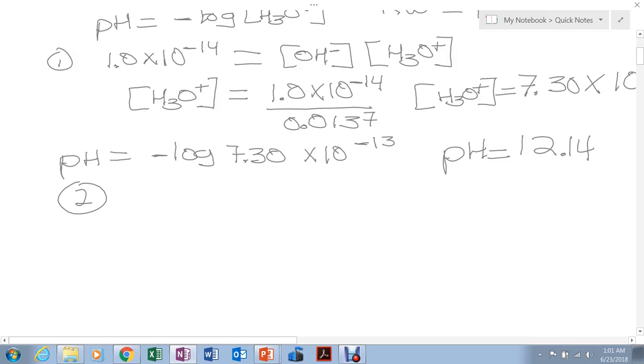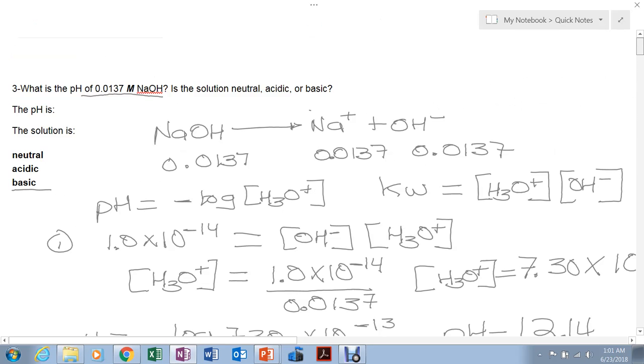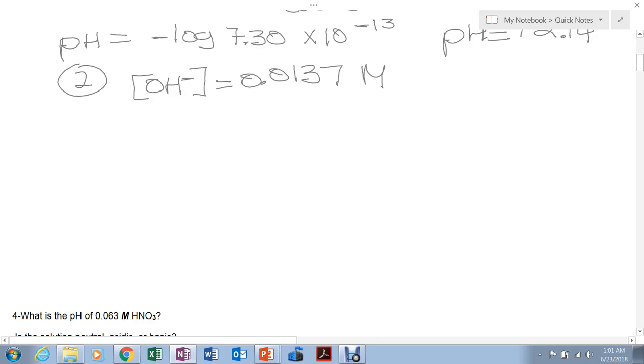If you get that the concentration of hydroxide is given in the problem, 0.0137 M, you can find the pOH. pH is the minus log of the concentration of H3O, and pOH would be the same with the concentration of hydroxide.